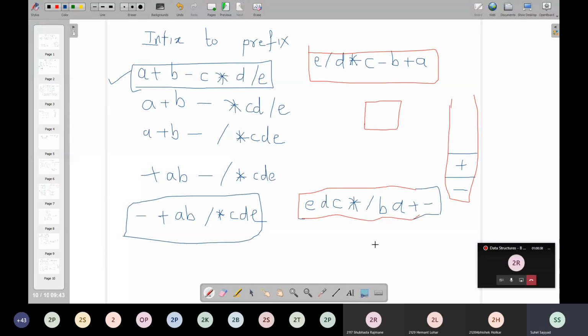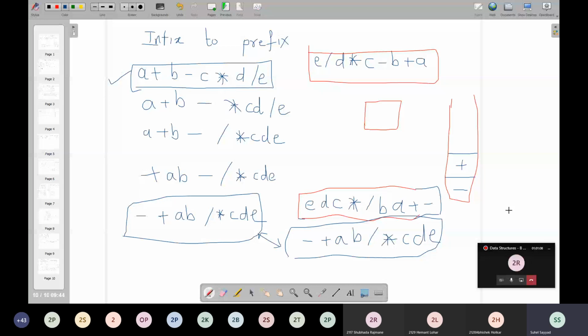So if I reverse this answer again, what will happen? Minus, plus, A, B, divide, multiply, C, D, E. So this matches the answer which we had calculated using the traditional method.